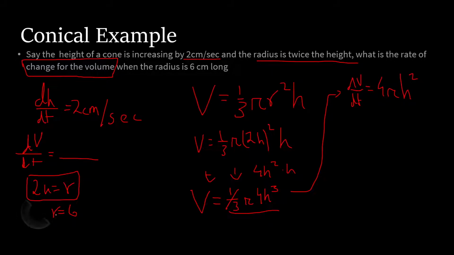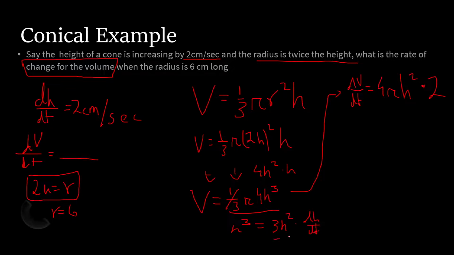And over here, we know that the radius is 6 centimeters long, and since the radius is twice h, h is going to be 3. But wait, we forgot. We also have to do the chain rule and add in the 2 centimeters per second at the end. Because when you find the derivative of h cubed, it's going to equal 3h squared times dh by dt.